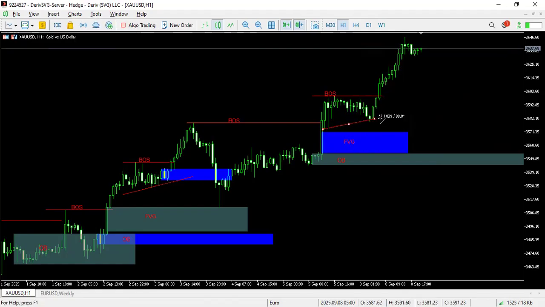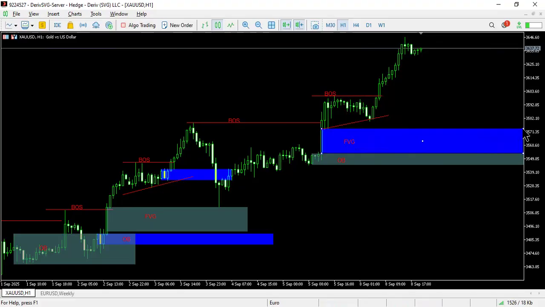I'm seeing that as liquidity. That is the liquidity that price will sweep and then come and step into this order block or FVG. And with the way price is moving, my last entry was from an FVG.